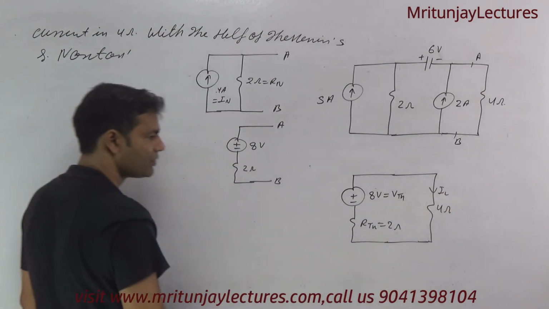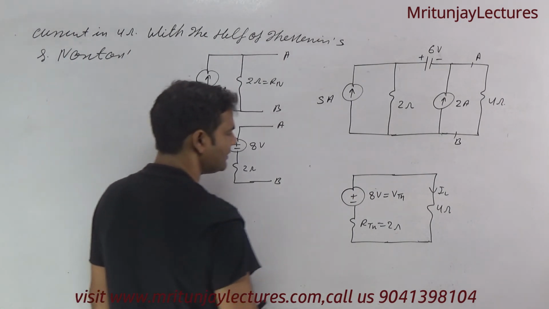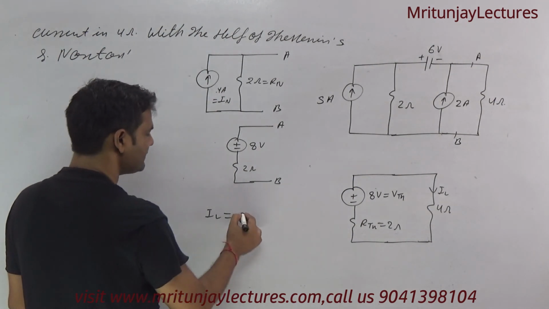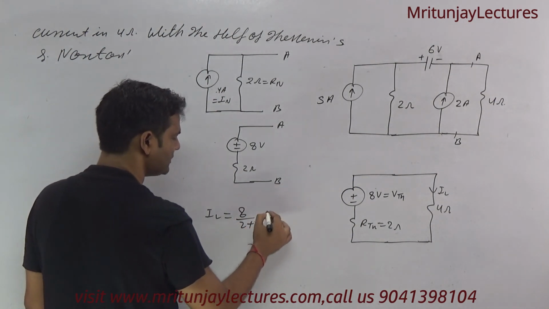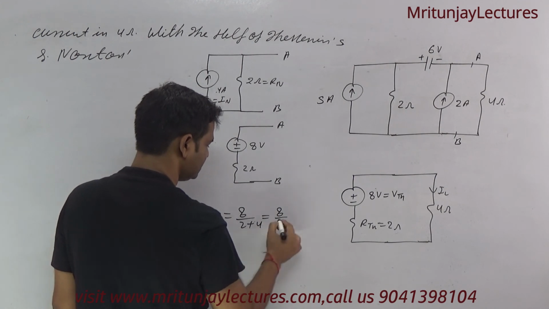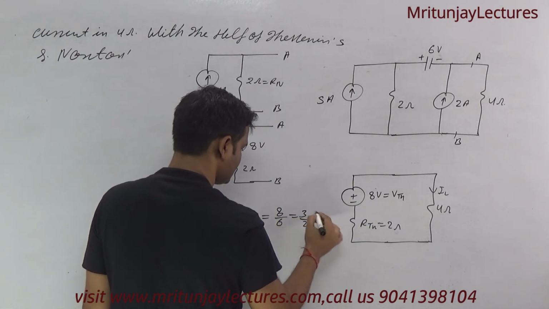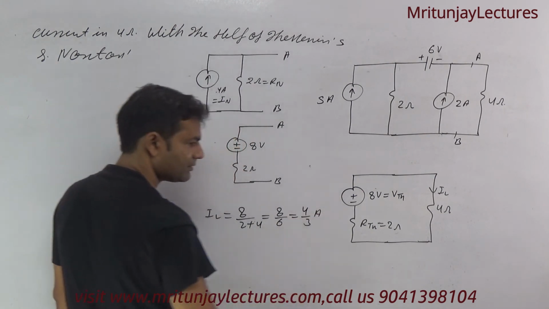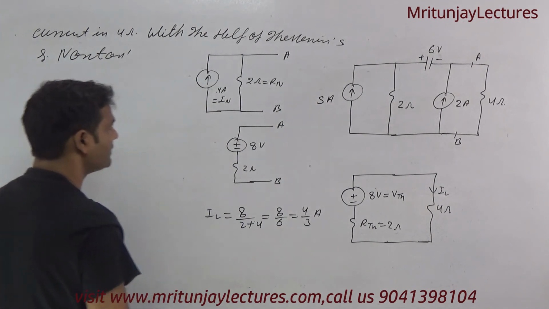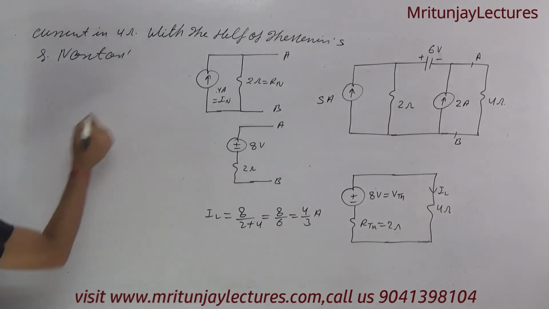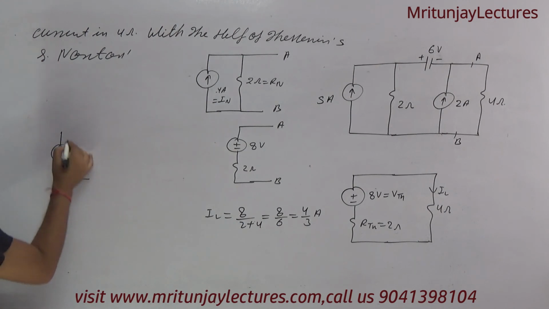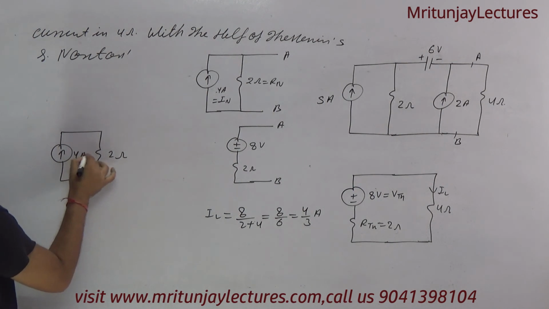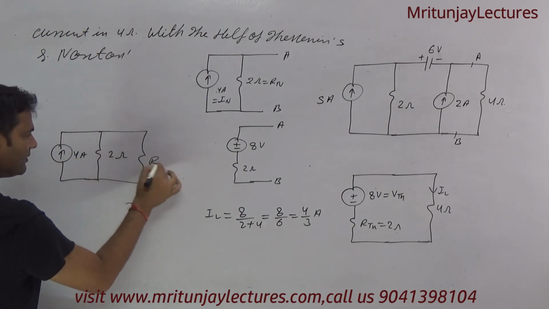IL, what about IL? IL is 8 divided by 2 plus 4, that is 8 by 6, means 4 by 3 ampere. And if you follow the Norton equivalent, then that is 4 ampere, and that is RL.